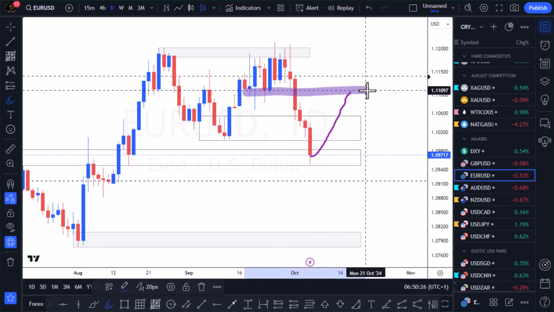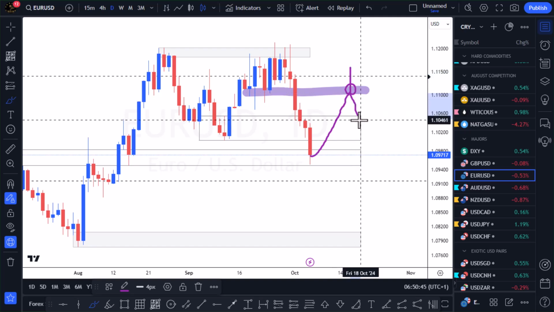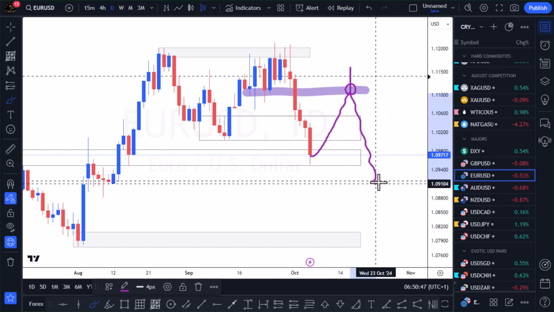This level has strong technical reason to hold and to interest those who want to short or sell in this market. If we can see a strong bearish rejection at the price of 1.11089, then this could be an avenue for more sellers to come in and push the price of this asset into a more downward swing.